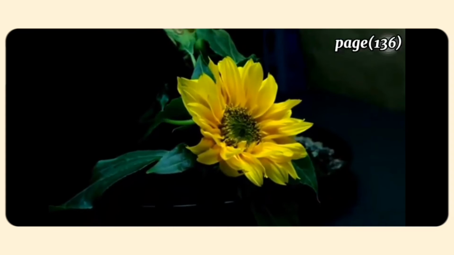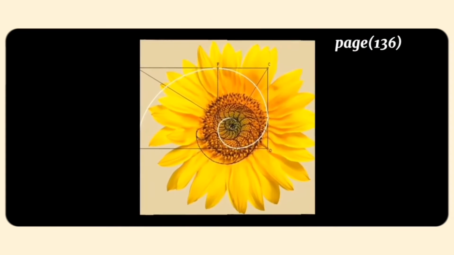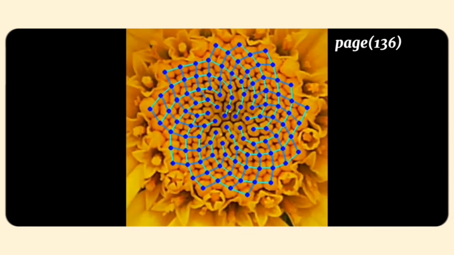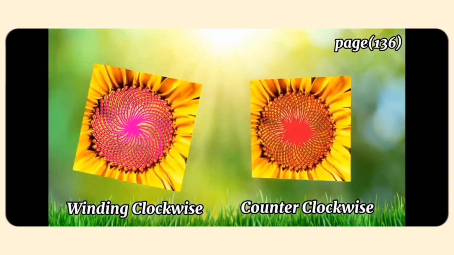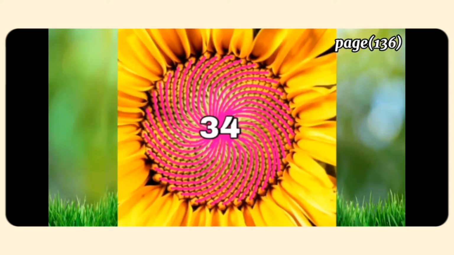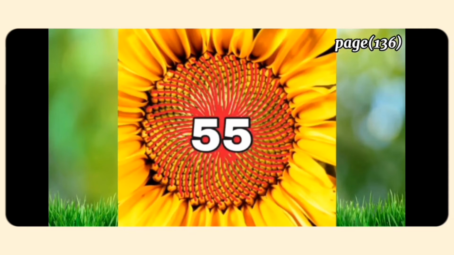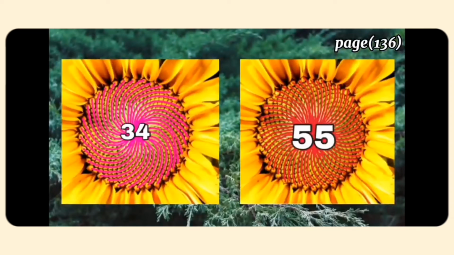If you look at the giant sunflower, you can find a remarkable pattern of florets in its head. These florets are arranged in two interesting families of spirals, one winding clockwise and the other counterclockwise. In this case, the number of clockwise spirals is 34, and the number of counterclockwise spirals is 55. Both are Fibonacci numbers occurring consecutively.